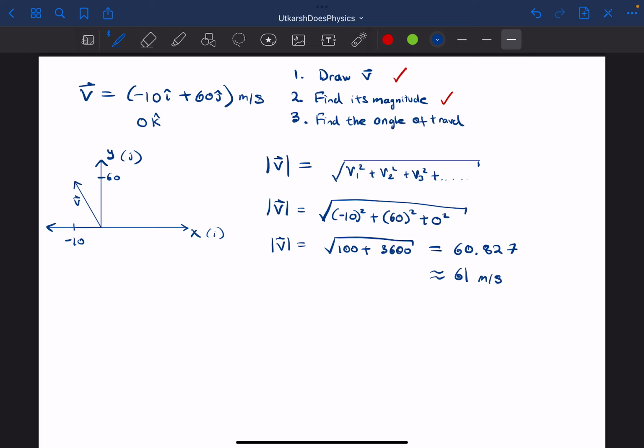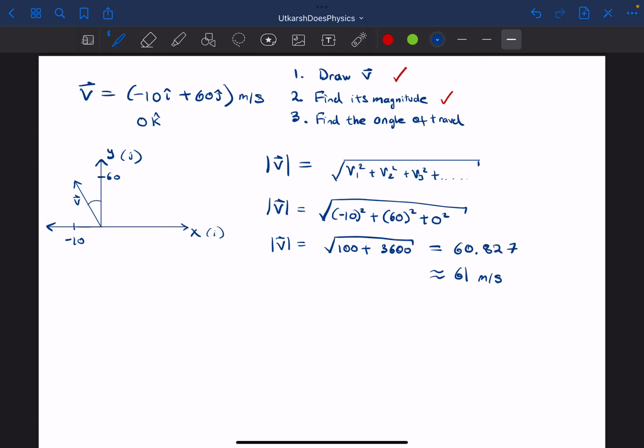So we want to find the angle of travel. So clearly I think it's basically going in this direction. So we want to find how much of it's going in the majority of the direction. So I guess we can define this angle. If my drawing works.